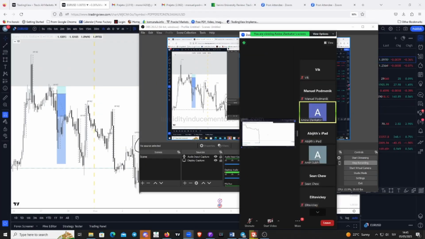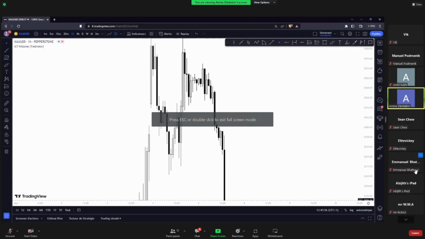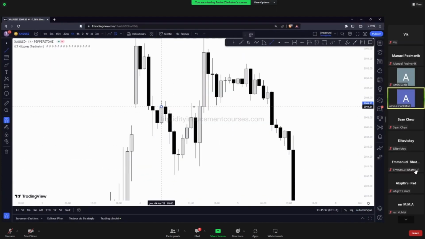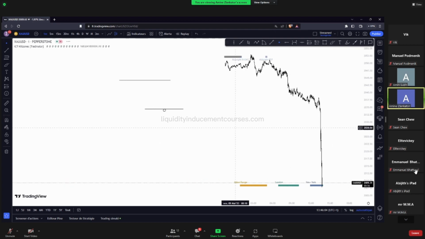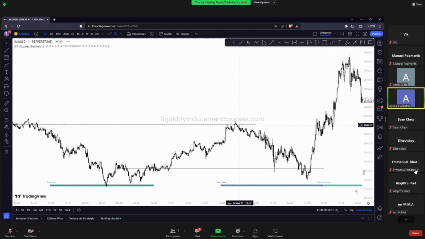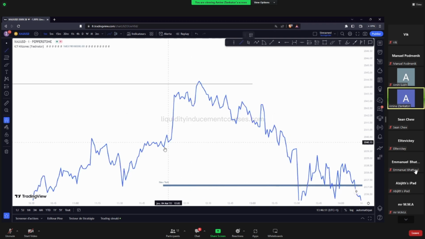Let me just give you an example right here. Let's go to yesterday's sell and buy. So we have this trend line, 2 points, this one, or you can simply just take this one.